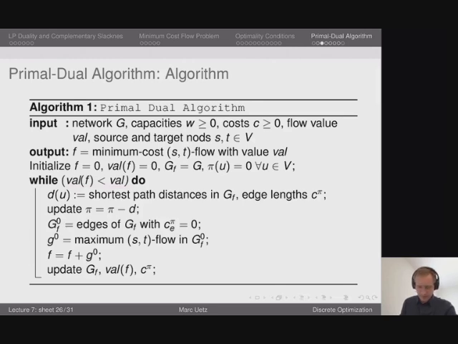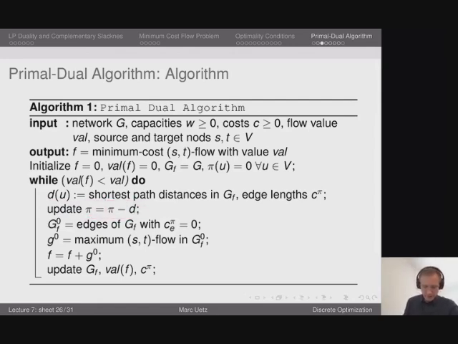And in each such iteration, we first compute the shortest path distances in the residual graph, and we get as edge lengths the residual costs of the edges. We update the node potential, so this would be the pi prime here, right? By subtracting these shortest or cheapest path distances.